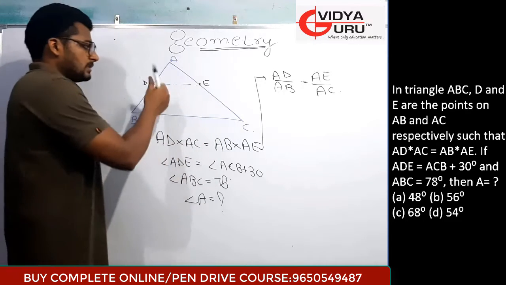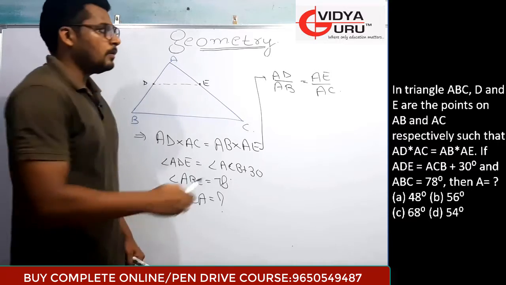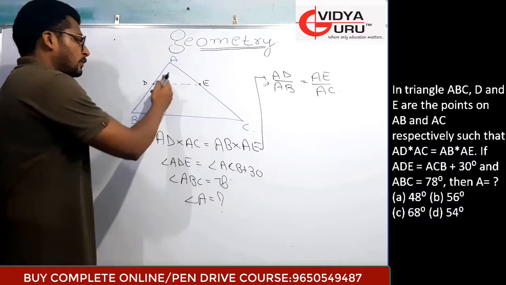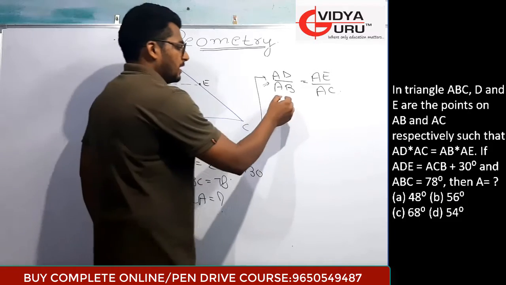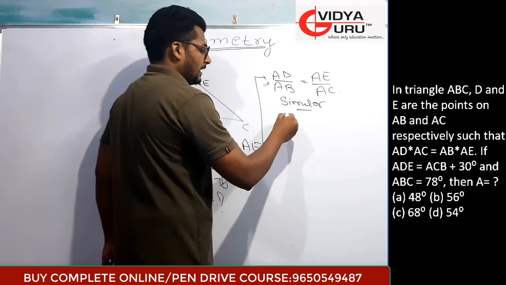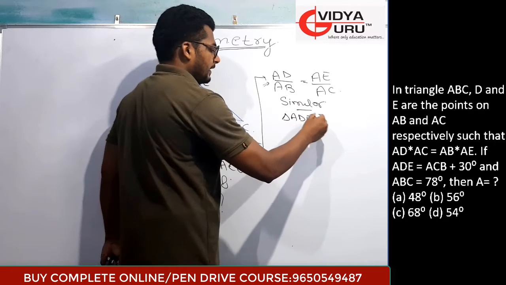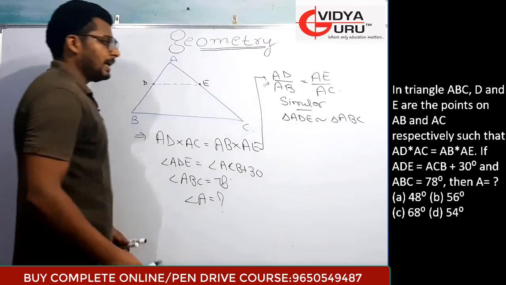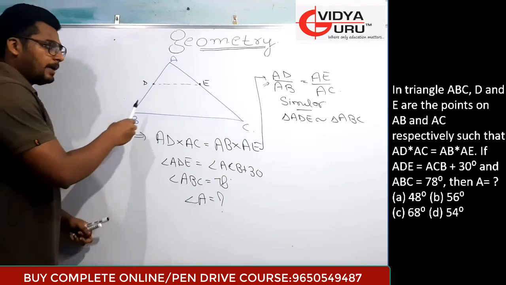That means sides of two triangles are in proportion. If sides of two triangles are in proportion, that means triangles are similar. Triangle ADE is similar to triangle ABC.